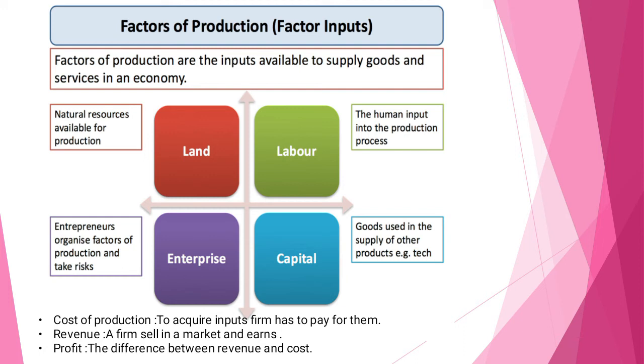Profit is nothing but the difference between revenue and the cost. The revenue which the firm gets after selling the goods in the market, and the cost, in the sense the cost which has been incurred for all the inputs.